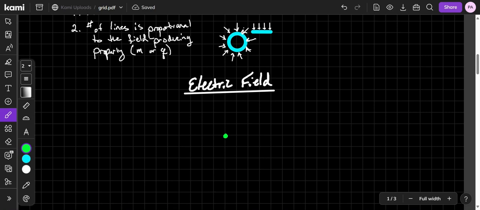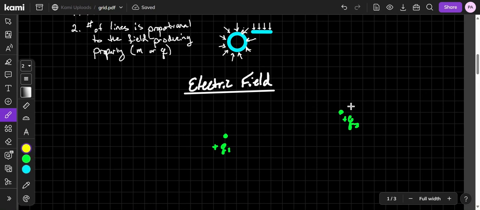We have two charges, and for our purposes here, they're both going to be positive charges. This is going to be Q1, which is positive, and this is going to be Q2, which is also positive.